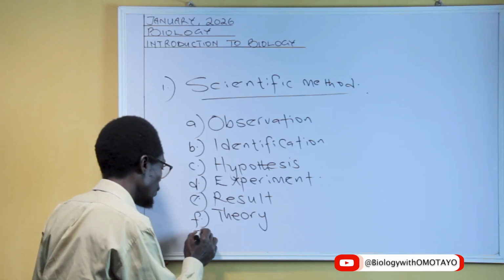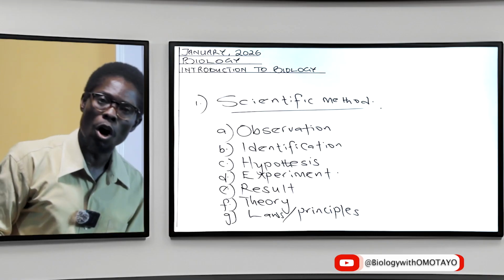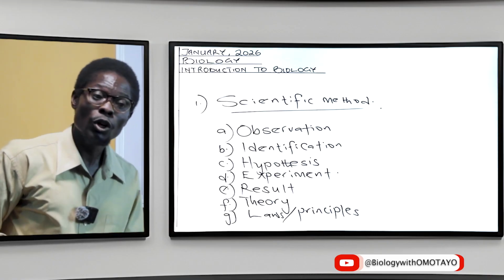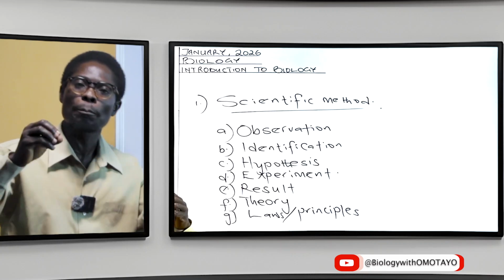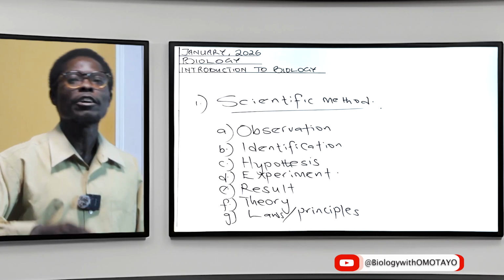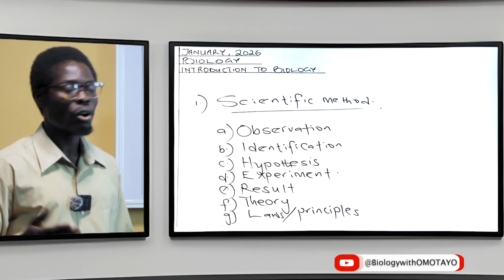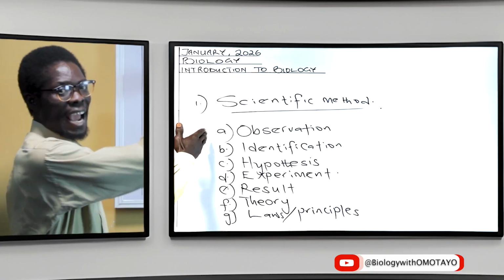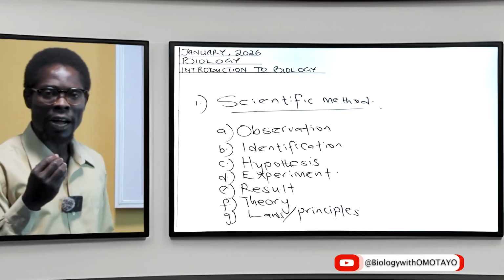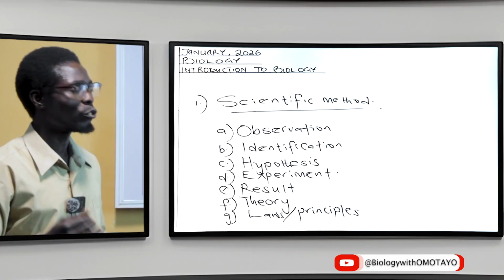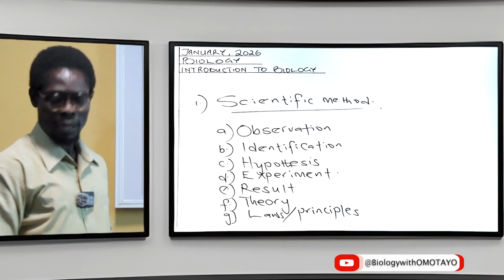And so this brings us to laws or principles. So an extensively further tested and proven to be true theory results in a law or a principle. These are guides to all that is required for necessary deductions to be made in science using the scientific method.